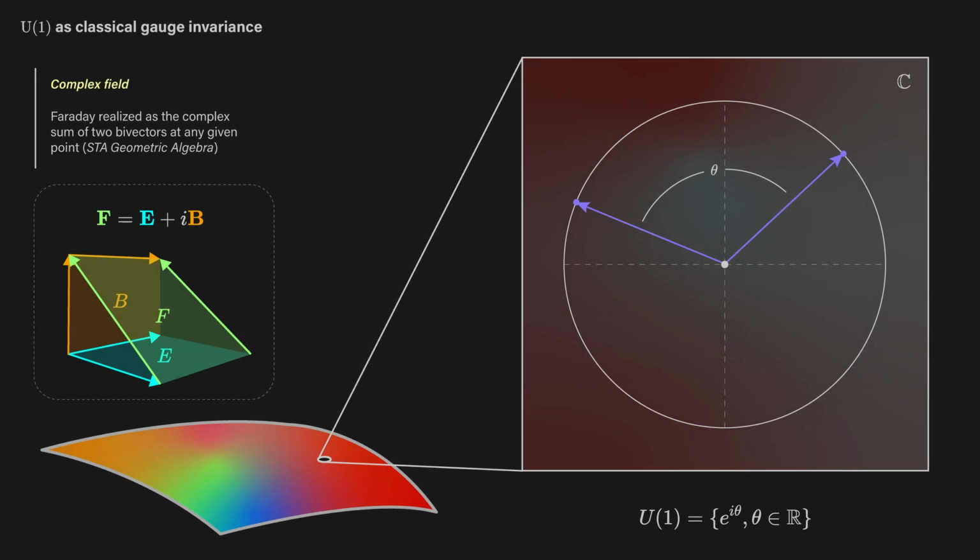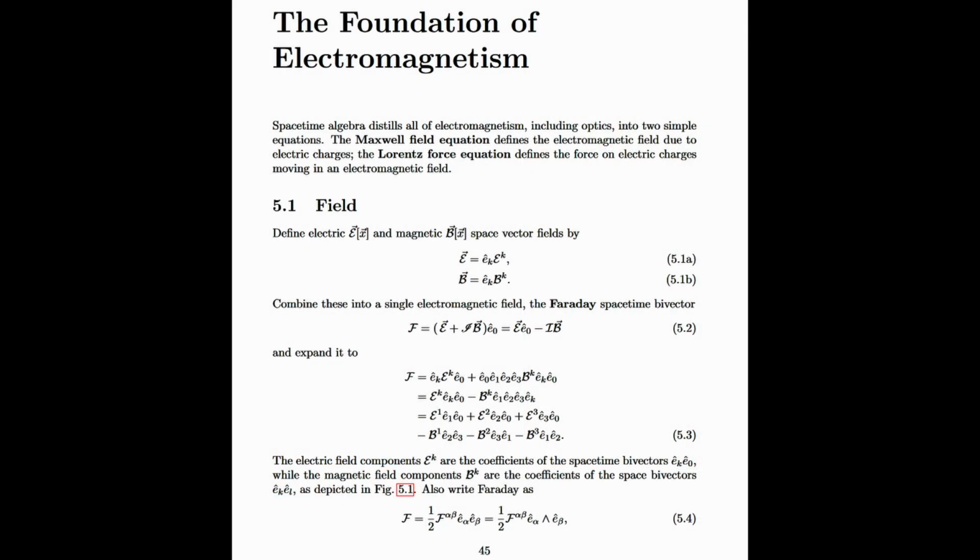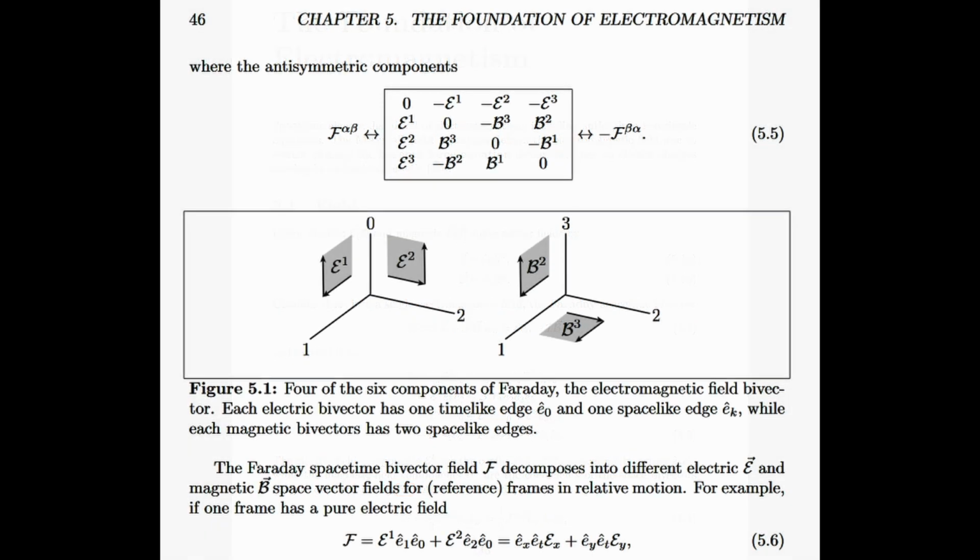We can talk about gauge invariance. The electromagnetic field can be written down as a sum of two complex bivectors, or, very commonly, in terms of sums of complex forms. Now, if you use the formalism of space-time algebra and geometric algebra, you can write down a picture of the electromagnetic field in these terms.